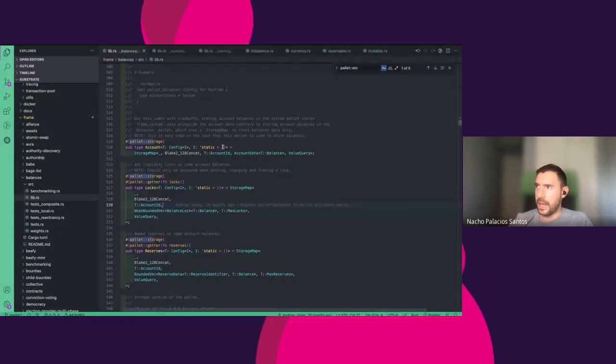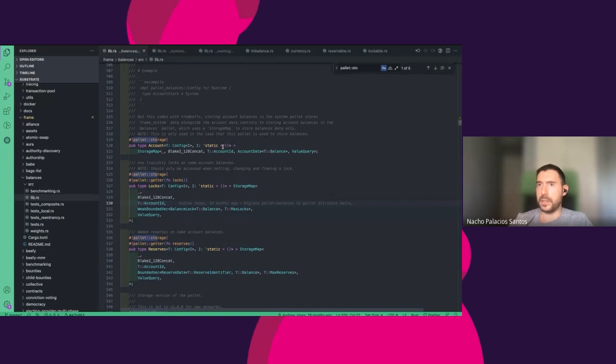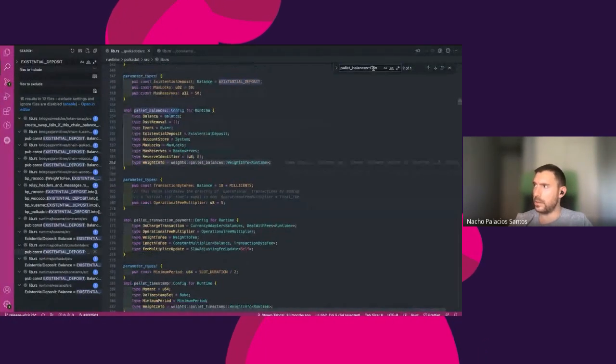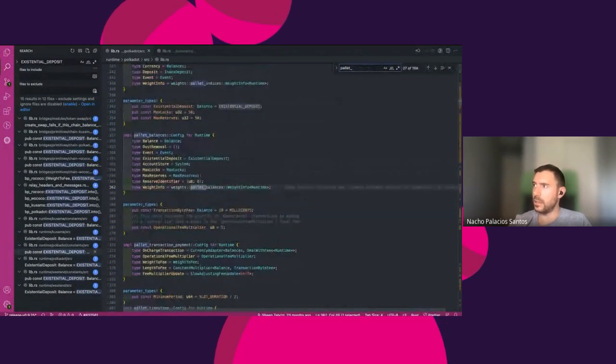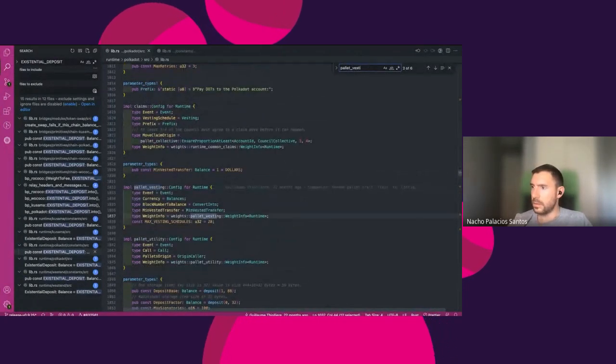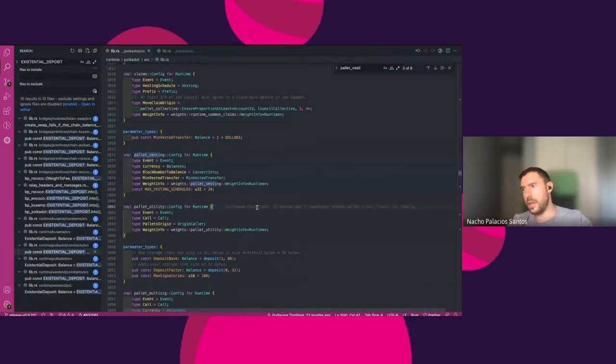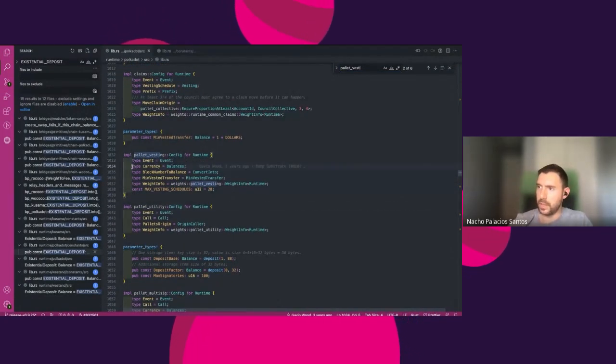We'll go through the second section, how other parts are coupled with the pallet balances. For that, we'll take a look at the pallet vesting. Here it is. You can see here, in this type Currency, we are using the balances pallet.